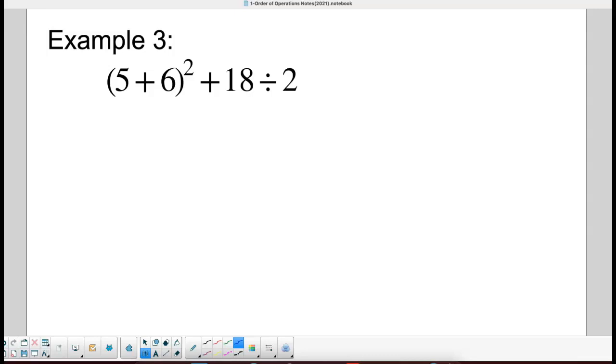And here's where if you need a calculator to help you with a multiplication fact, you could use it for that.